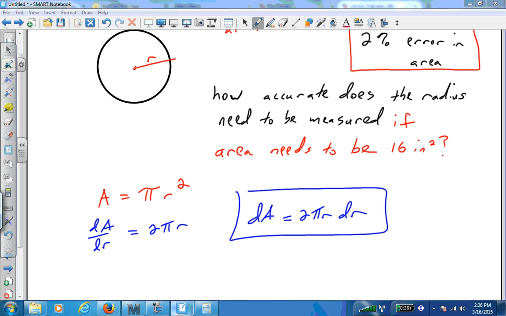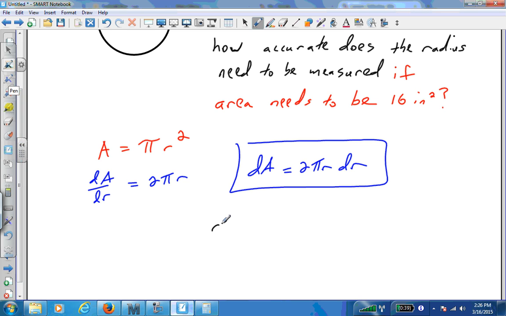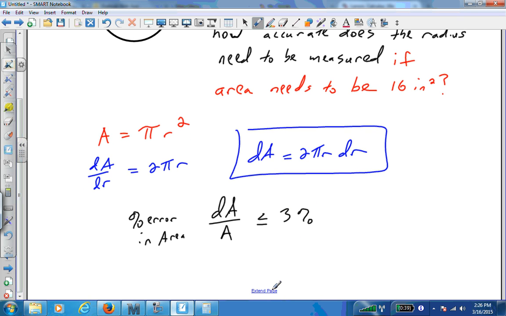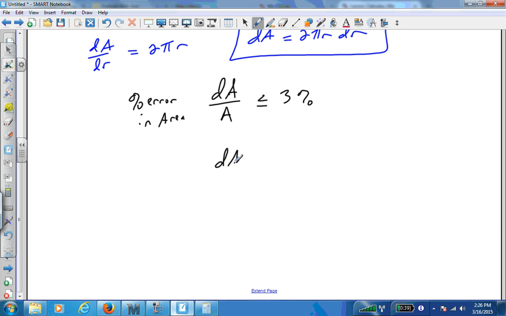So we're told that dA over A, which is percent error in area, needs to be smaller than 3%, so less than or equal to 3%. So dA over A needs to be less than or equal to 0.03.